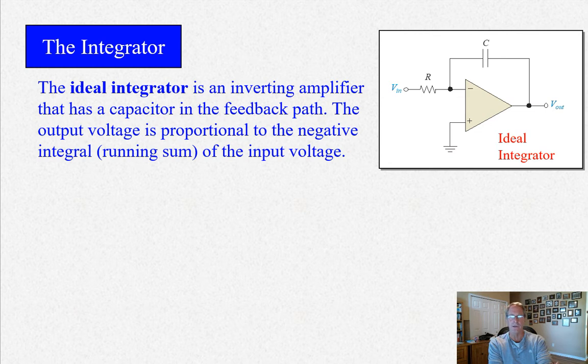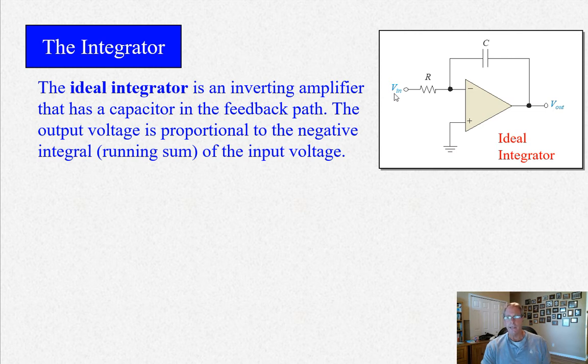And that's exactly what this integrator does. The integrator has, as shown here, a capacitor in the feedback path, and then the input resistor. Normally an inverting op-amp would have a resistor in the feedback path and a resistor on the input. That feedback resistor is replaced by a capacitor.